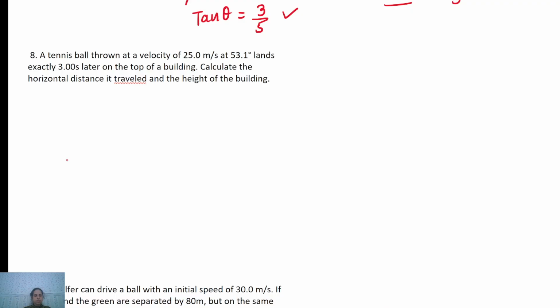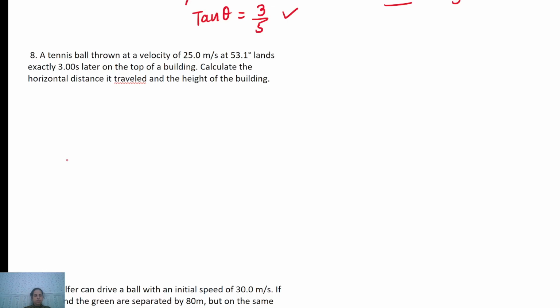So my displacement in the x direction is ut plus half at squared. Acceleration in the x direction is 0. So u in the x direction is 25 cos 53.1 times time, which is 3 seconds, plus 0. Done. So x equals 25 times 3, which is 75 cos 53.1. I do not have a scientific calculator in my hand right now, so I'm just going to leave it here.